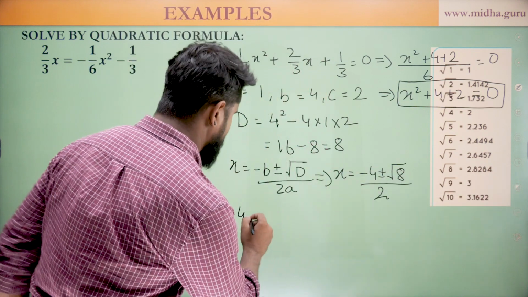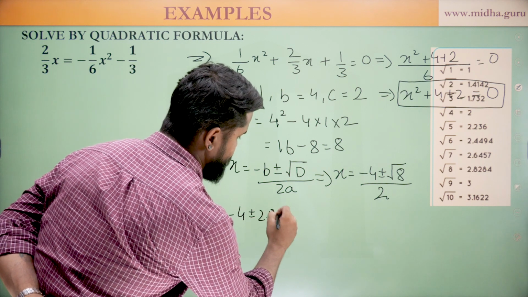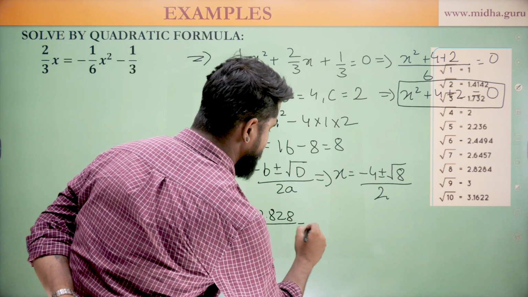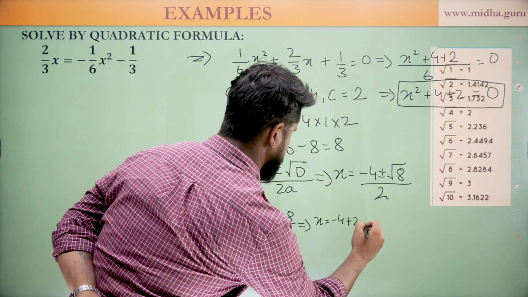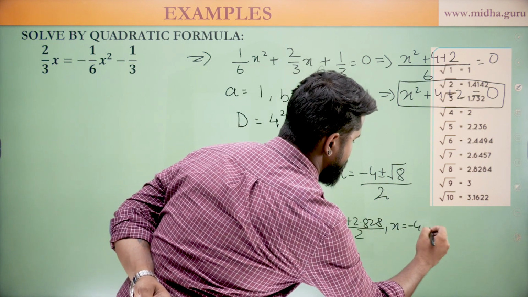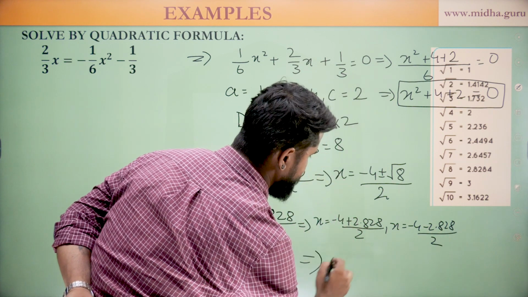We'll take it up to that value. So plus or minus 2.828 divided by 2. From this I will get x is equal to minus 4 plus 2.828 by 2, and x is equal to minus 4 minus 2.828 by 2, which will give me two roots.